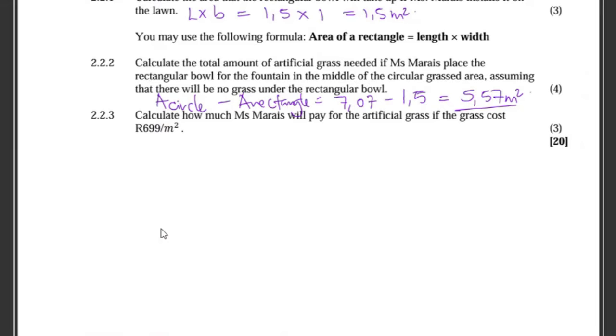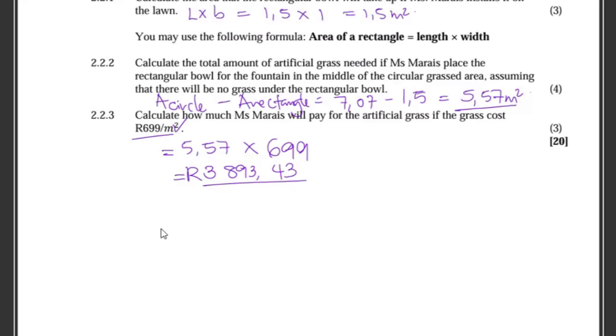Now they're asking us, calculate how much Mrs. Maris will pay for the artificial grass if the grass costs this much per meter squared. Now, we shall say 5,57 that much times, then why am I using it? Because this is what is going to be remaining to be covered. So times 699. And when you multiply that nicely, it's going to be 3,893 rands and 43 cents.